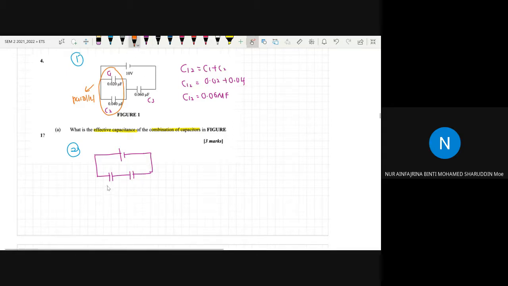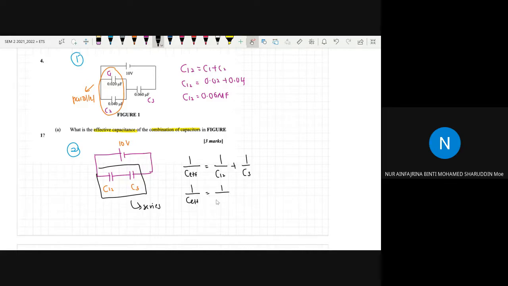So ini akan jadi C12, ini akan jadi C3. So ini adalah 10 volt. So sekarang dua ini adalah series. Okay, this is series. So jadi kita nak dapatkan dia punya effective capacitance gonna be 1 over C12 tambah dengan 1 over C3.